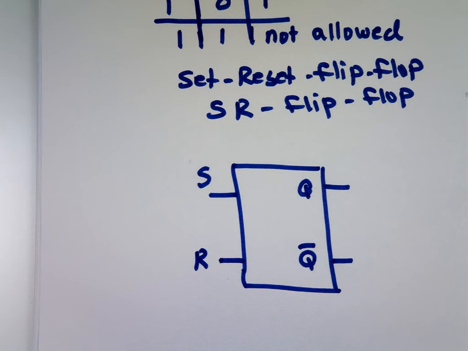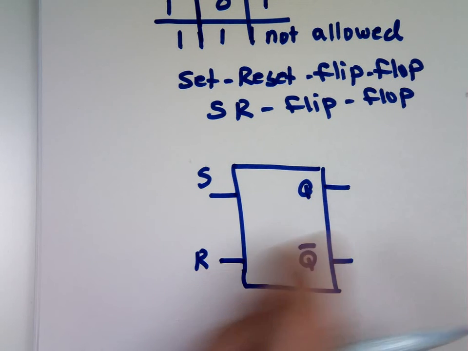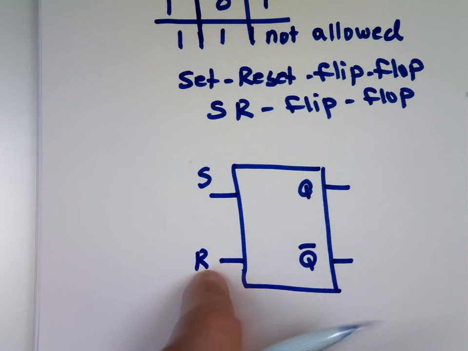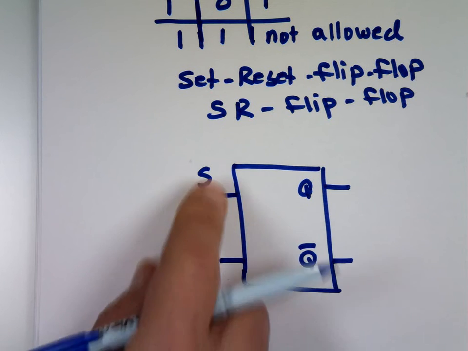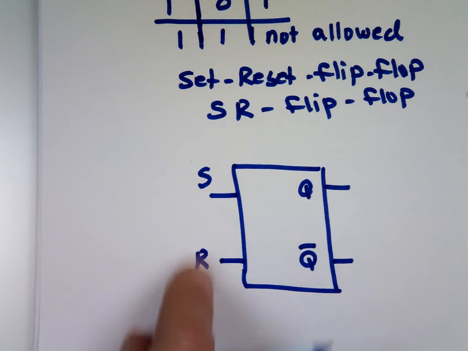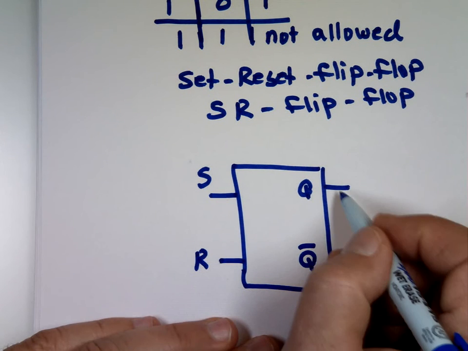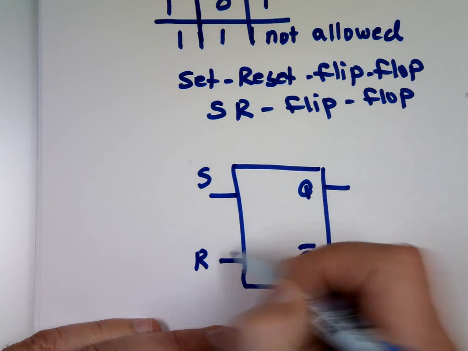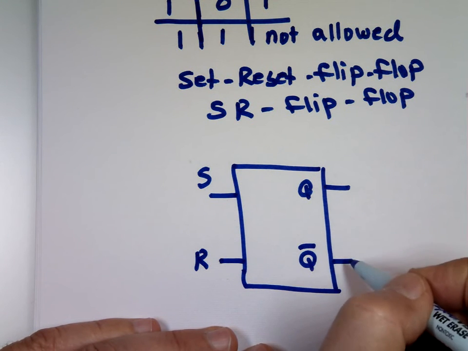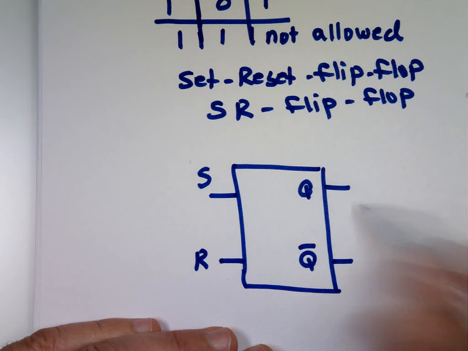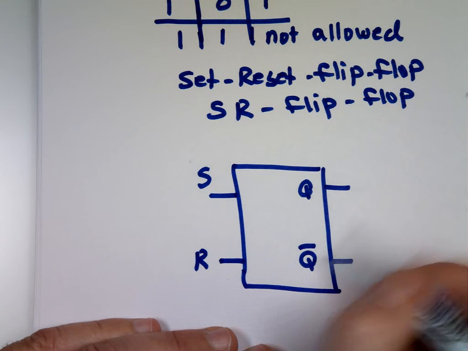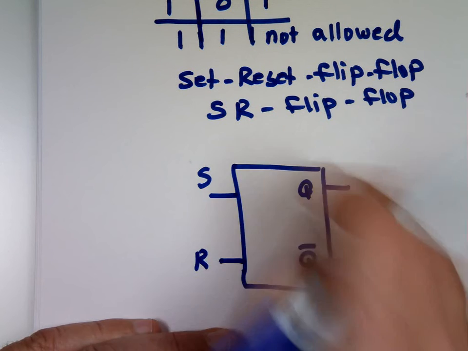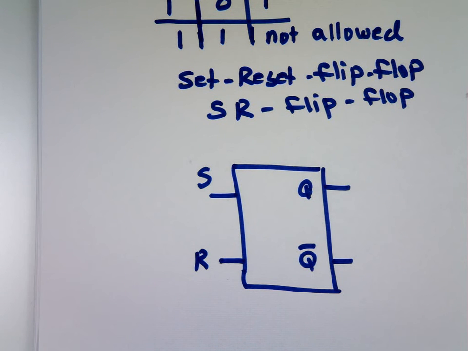When you make it 0, 0, this state will be whatever the previous one. 0, 1, R is 1, this will be a 0. 1, 0, that'll be a 1. When you make it 1 and 1, here's the problem. These two are supposed to be the complement of each other. When you put 1 and 1, they're not the complement. You end up with the same output. And we don't want that, because it's supposed to be Q and Q naught. How can you have 1 and 1 here if the other one is the complement of this one? That's why you're not allowed to put 1 and 1 on that one.